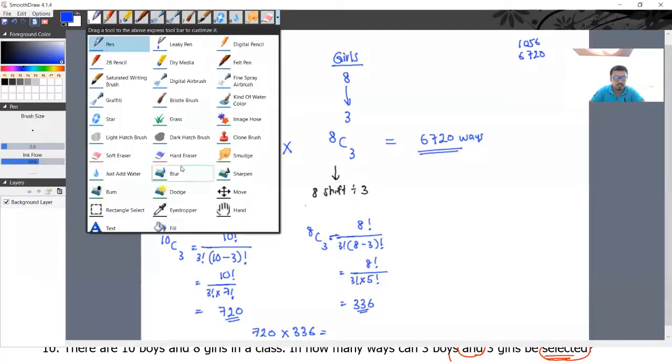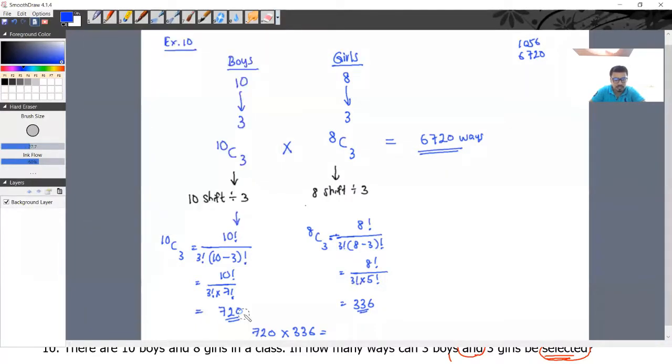So these figures should change. 10 factorial divided by 3 factorial into 7 factorial, here we should get 120.